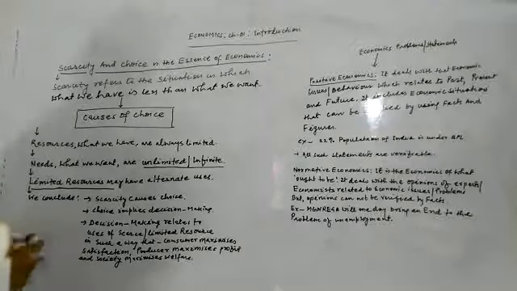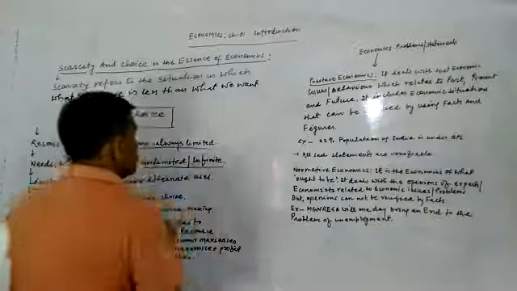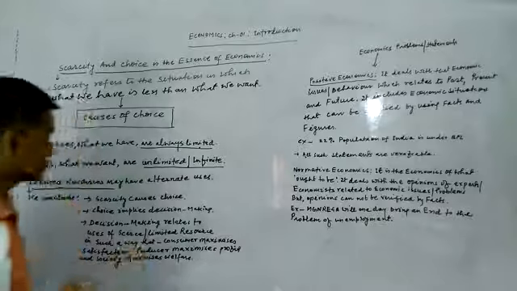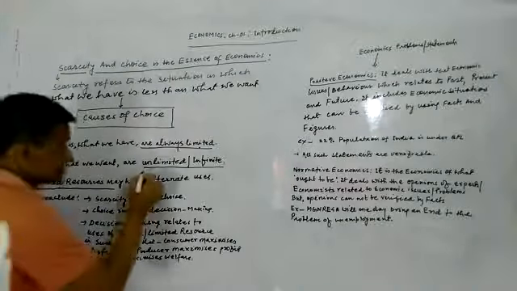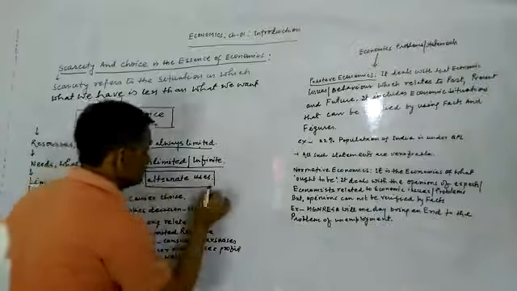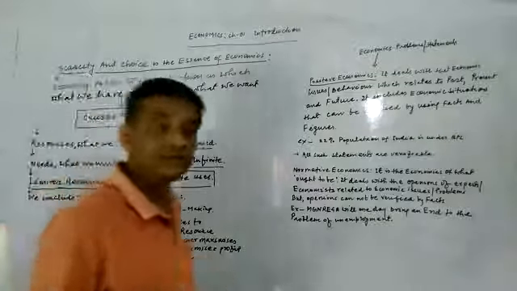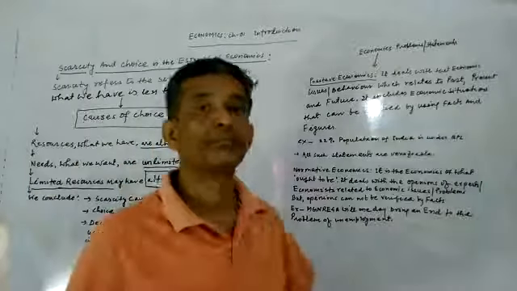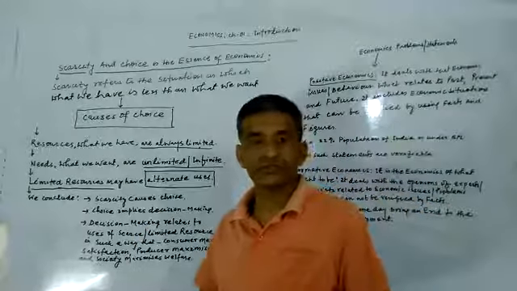And another issue is that limited resource may have alternate uses. Let us understand what is the meaning of alternate uses. Very easy. I will give you two examples. To make it clear, suppose I have 100 rupees.